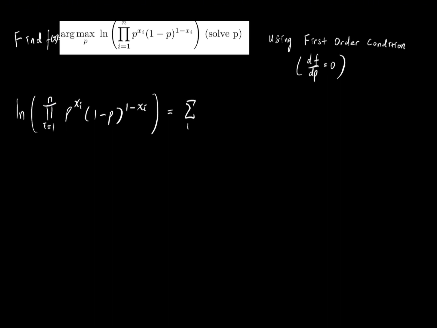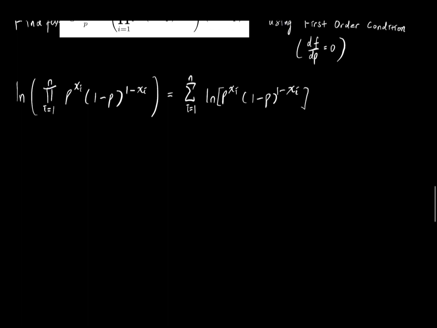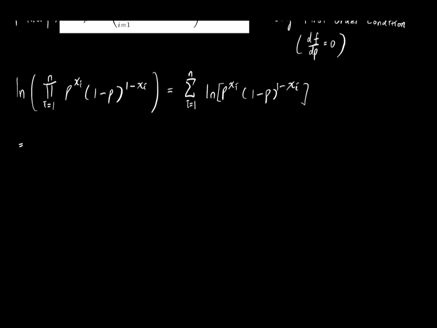Let's write it down to make it clearer. So when you bring the ln into the brackets, we're going to be left with sigma, something like this. Okay? Or you can add extra brackets there to make things less confusing.